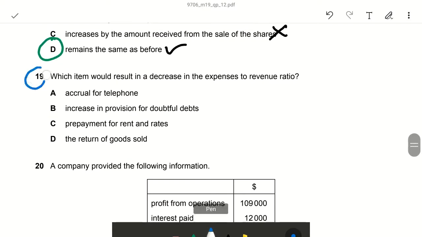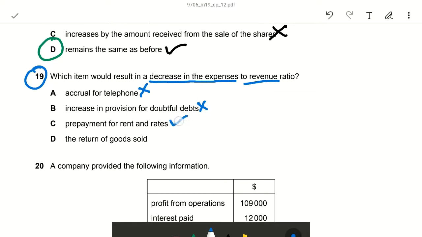Question 19. Which item would result in a decrease in the expense to revenue ratio? Accrual for telephone. Accrual will increase the expense. Always we add it to the expense. Increase in provision for doubtful debts. It will increase the expense. Prepayment for rent and rates.